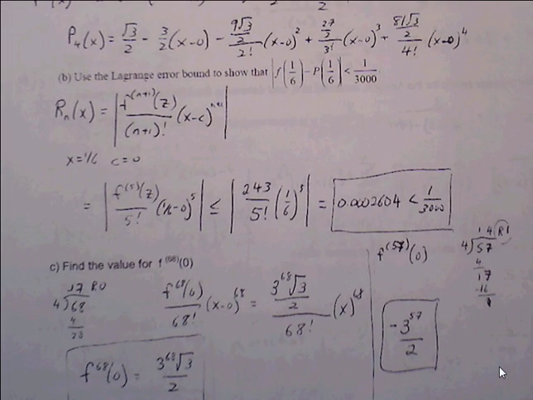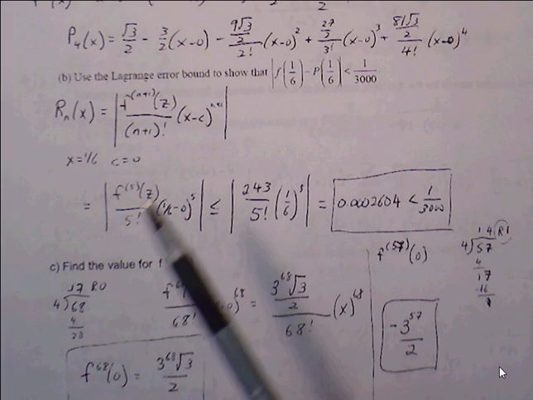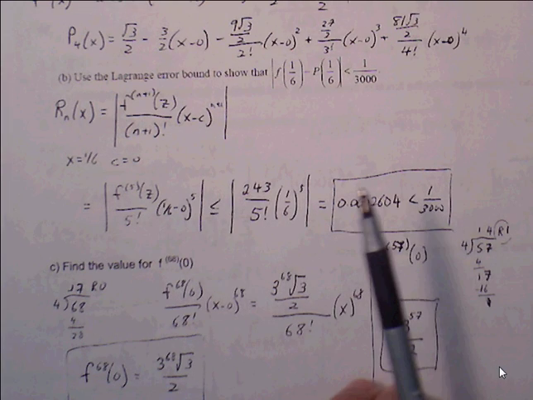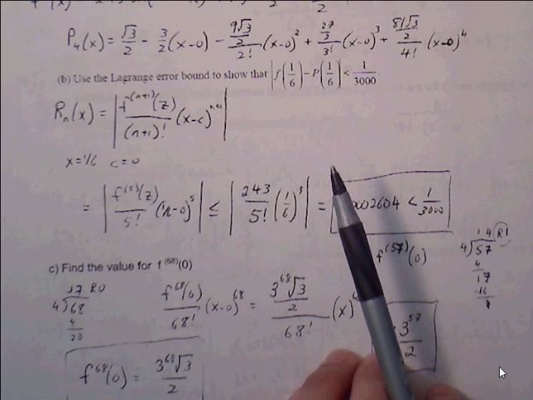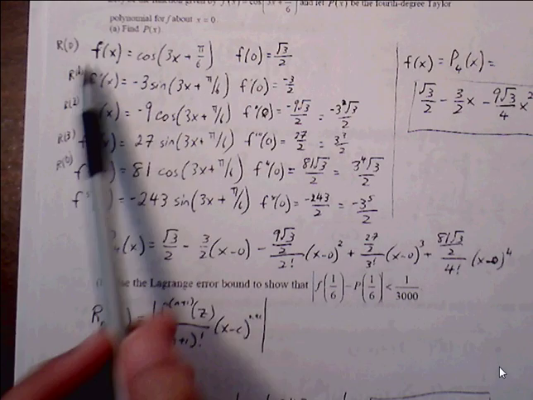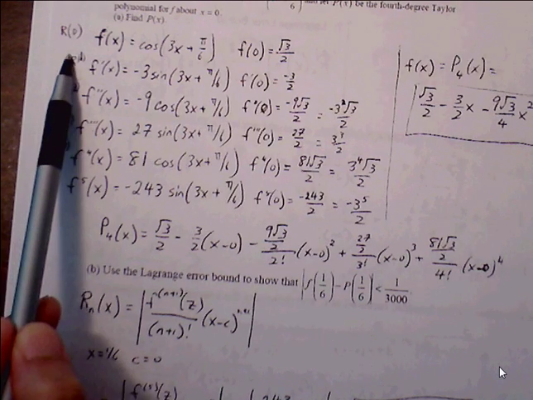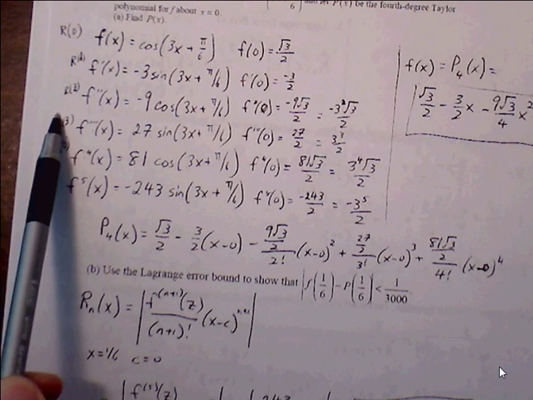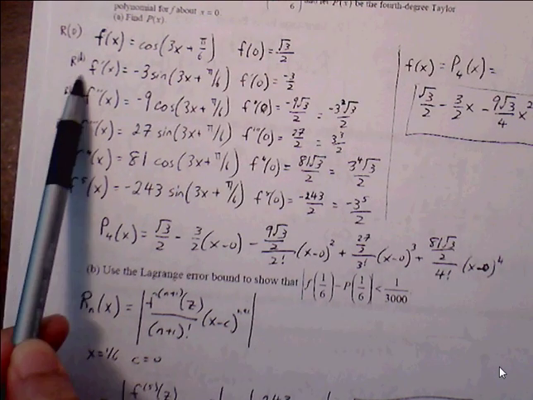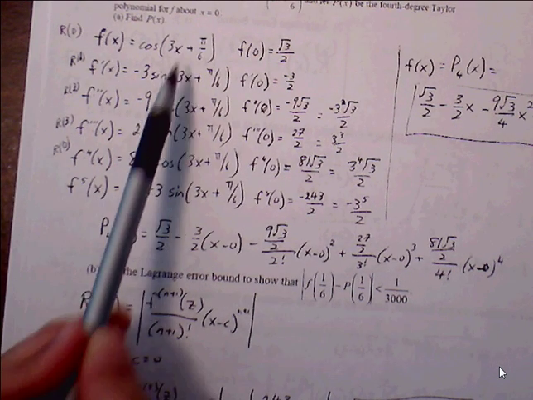Find the value of the 68th derivative evaluated at 0. Rather than going through the derivative 68 times, if we look at this, we see a pattern: the derivatives go through a series of variations, but eventually go back to the original form.